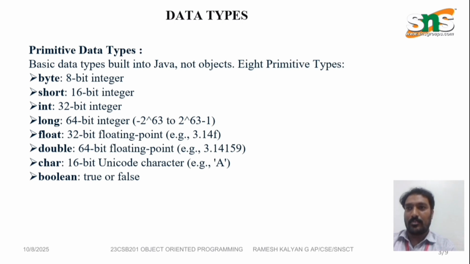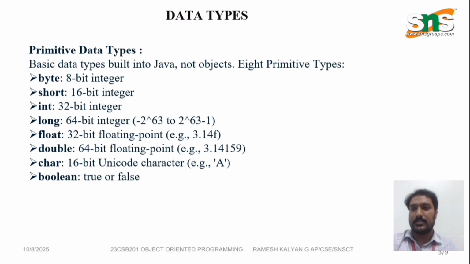And the next one is long. As the name specifies, it is used for longer values, and it has a 64-bit value. For example, 2 power 63, which is a long value of around 14 to 15 digits. In that case we are using 64-bit values.